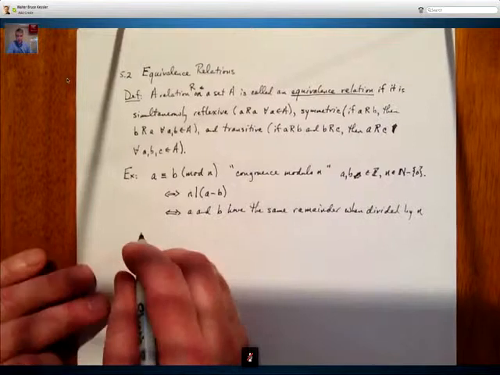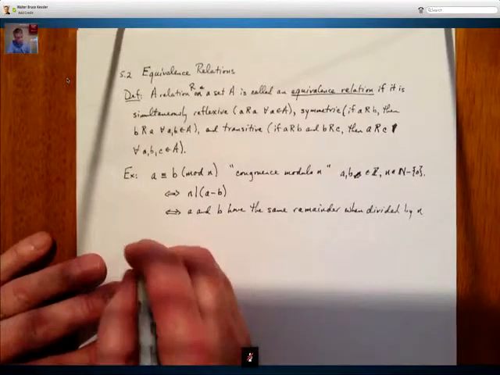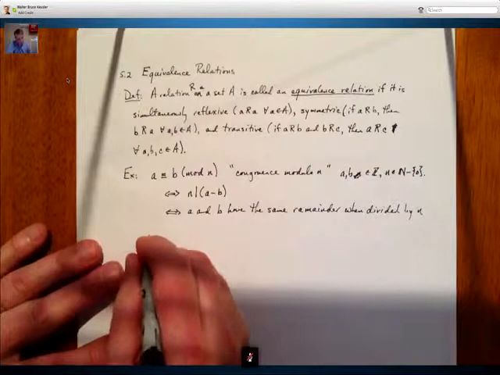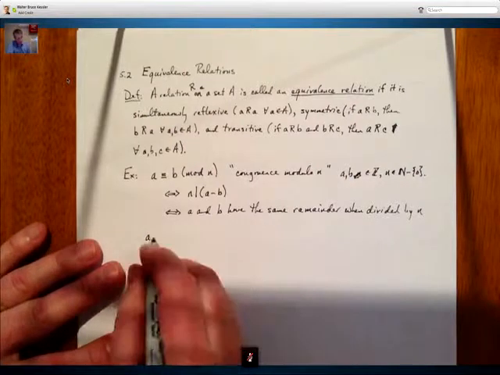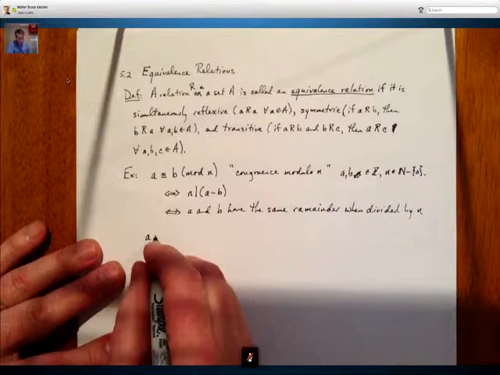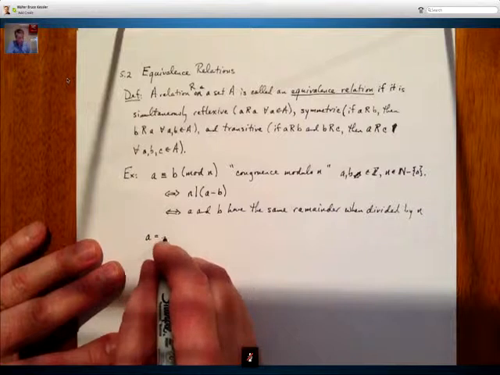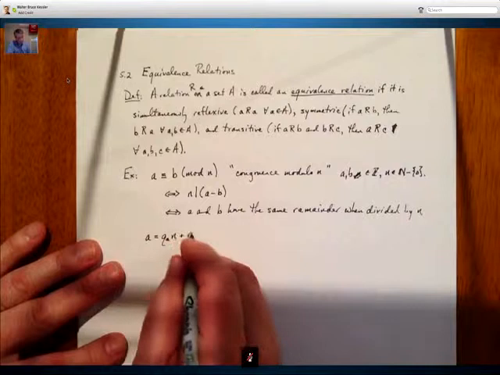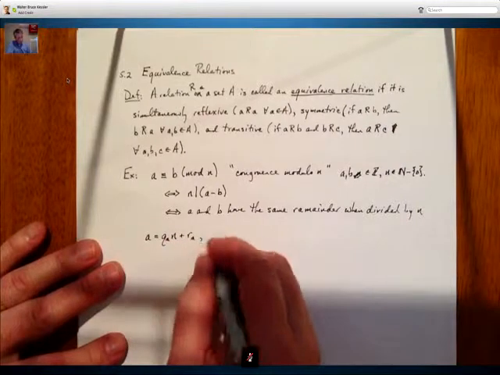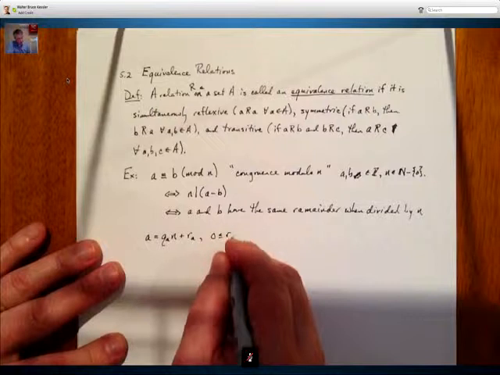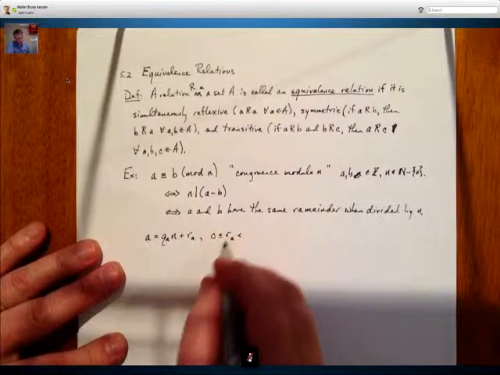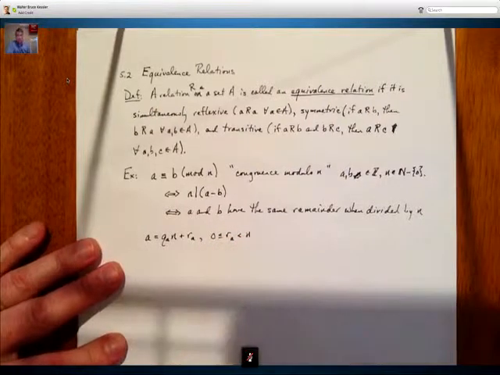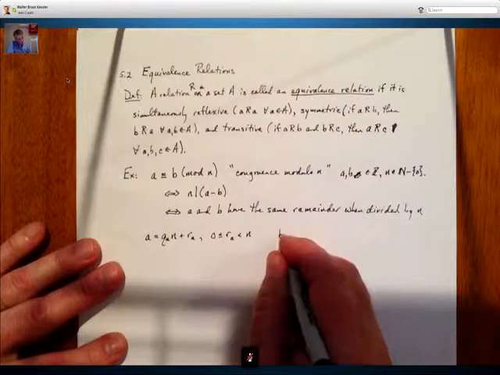Here's kind of the, I'll show you instead of prove it to you, which is basically the same thing. But I'm just saying that, you know, if you take A and divide by n, then you got some quotient Q sub A times n plus some remainder R sub A, where the remainder is between 0 and n, can't be equal to n.